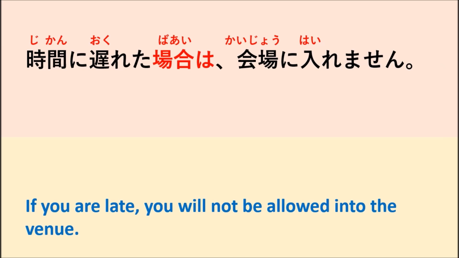In the past tense form, you don't need to change it. Just use the past tense form with Baai. As you see here, okureta baai, or ita baai, or shita baai, something like this. So this is the grammar you have to remember when you use it with the past tense, the noun, or the adjective. If you remember this, you know how to use Baai.